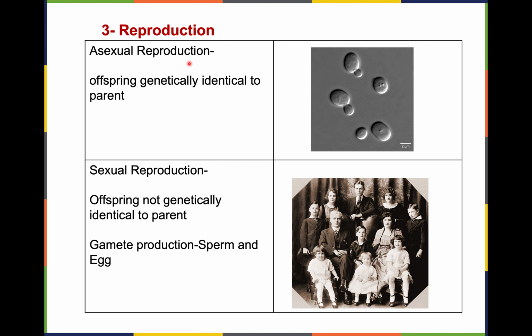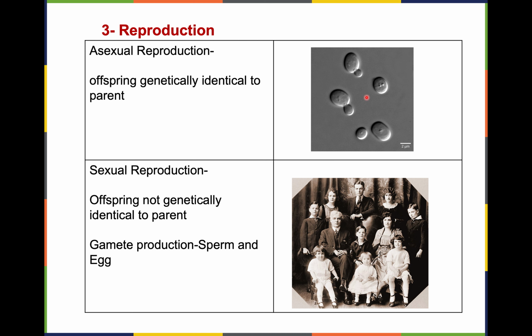Cell division also plays an important role for organisms making more of their kind, which we call reproduction. And there's two different types of reproduction. Asexual reproduction, which basically the organism creates an offspring which is genetically identical to itself.